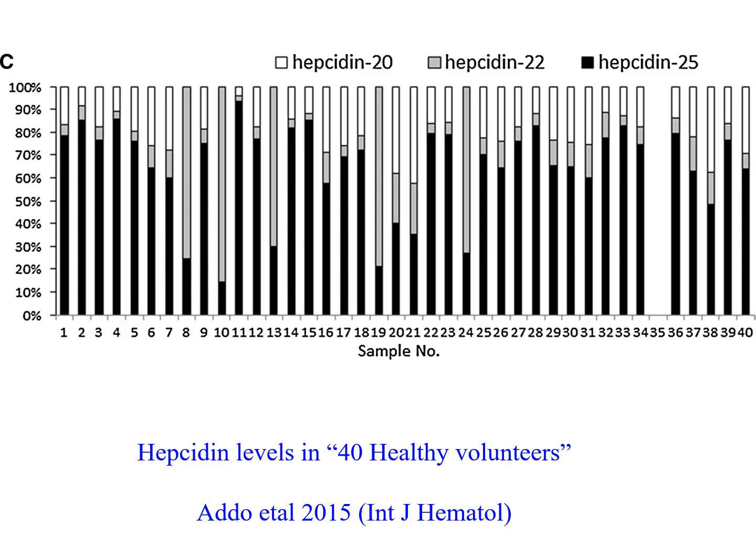So it's important that we consider measuring all of the isoforms of hepcidin as we move forward, because clearly there is potential for the use of the ratios of the different hepcidin isoforms as diagnostics.